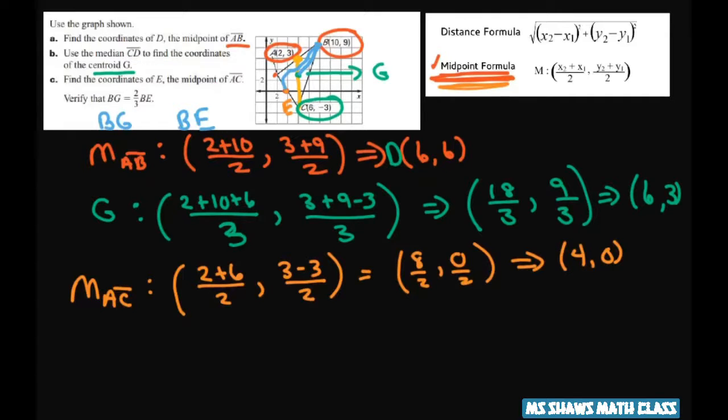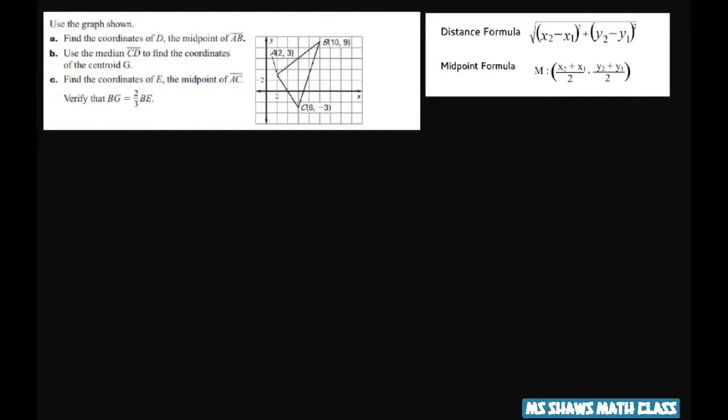So I need to know G and E. So G is this, and this one's called E. And this one's G, 6, 3, and E is going to be 4, 0.